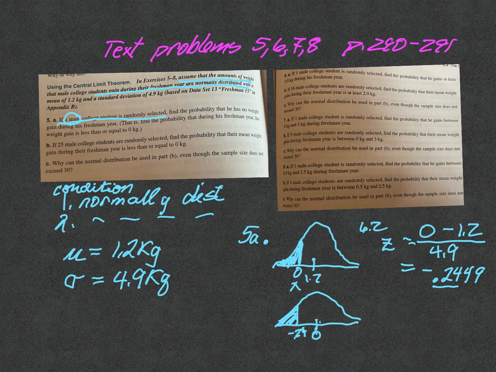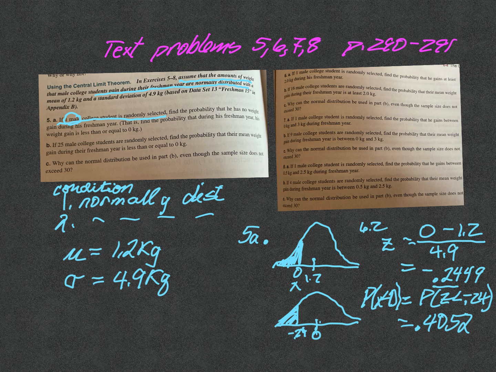And the probability is 0.4052. And so then I would say the probability that x is less than 0 is equal to the probability that z is less than negative 0.24, which is equal to 0.4052.